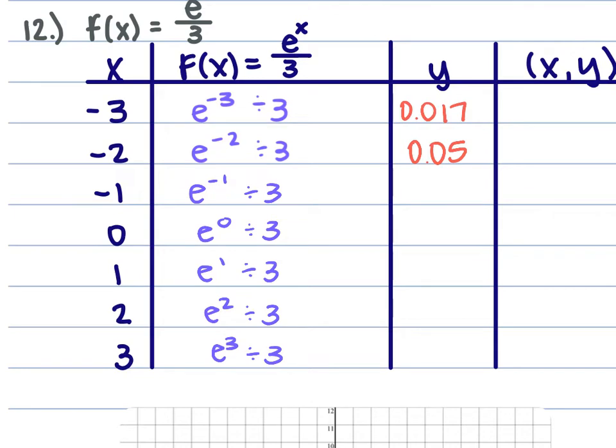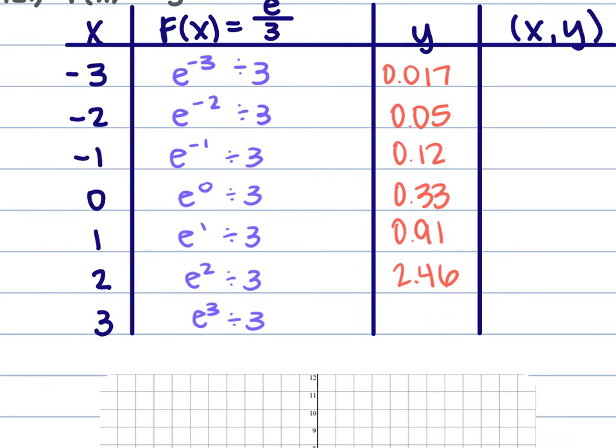Then we have e to the negative first divided by 3, which is 0.12. 1 divided by 3 is 0.3 repeating, so that's 0.33. e to the first divided by 3 is 0.91. e to the second divided by 3 gives us 2.46. And lastly, e to the third divided by 3 is 6.70.